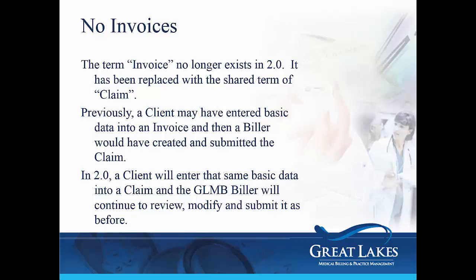In version 2.0, the client is going to be doing basically the same thing, entering the same basic data, but into the thing called the claim, and then the Great Lakes biller will review it, modify it, and submit it as necessary.